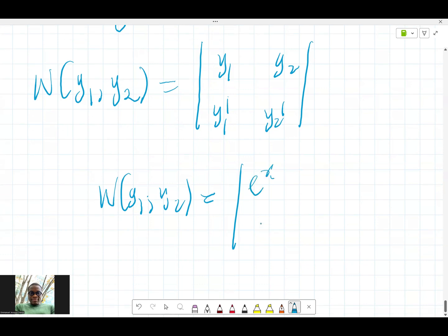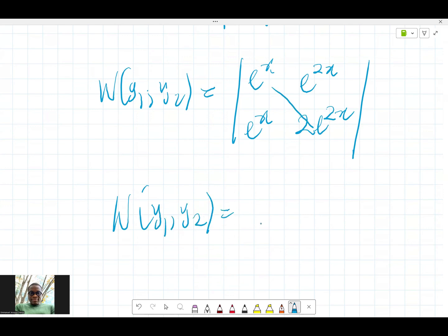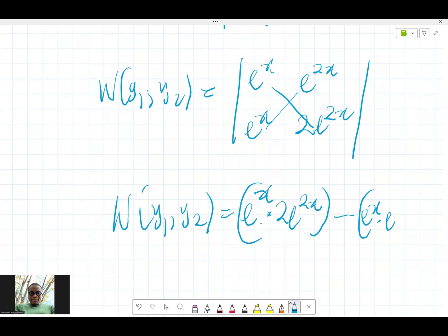your y1, which is e raised to the power x, and y2, which is e raised to the power 2x, right? So we now differentiate: e raised to the power x gives e raised to the power x. Differentiate e raised to the power 2x, we get 2 e raised to the power 2x. So the Wronskian W of y1, y2 is simply e raised to the power x multiplied by 2e raised to the power 2x, minus e raised to the power x times e raised to the power 2x.